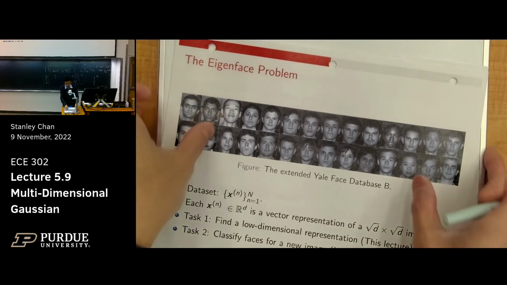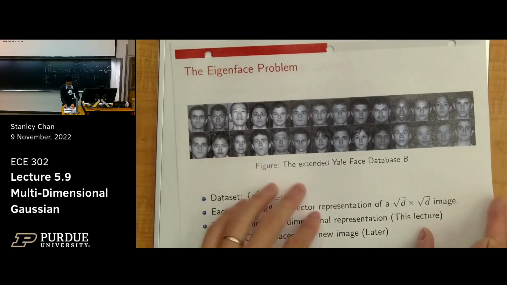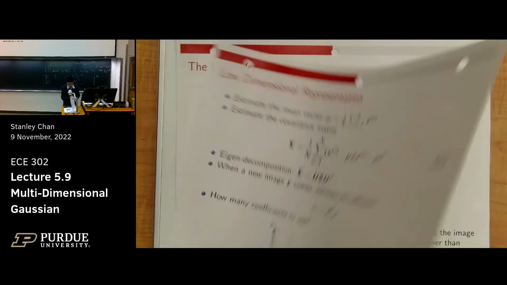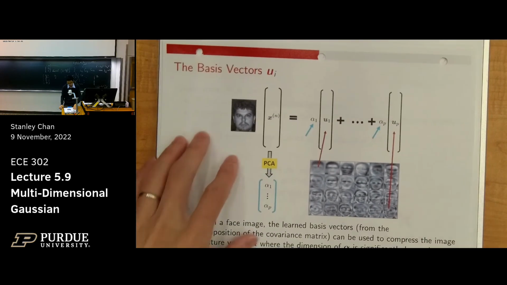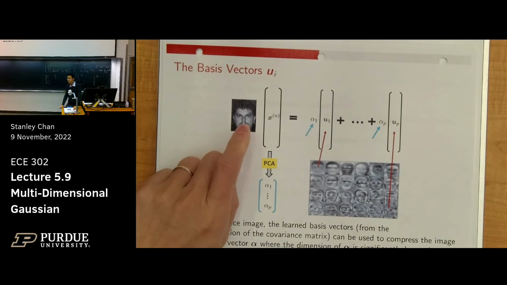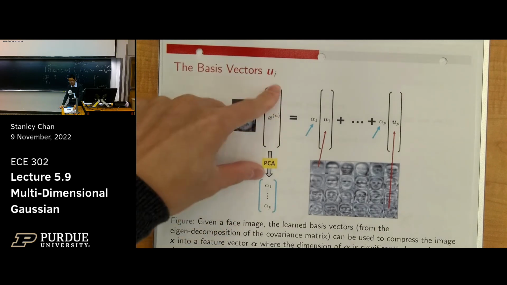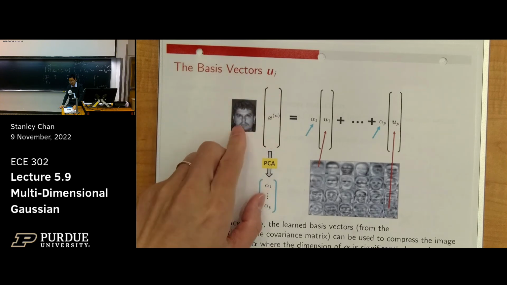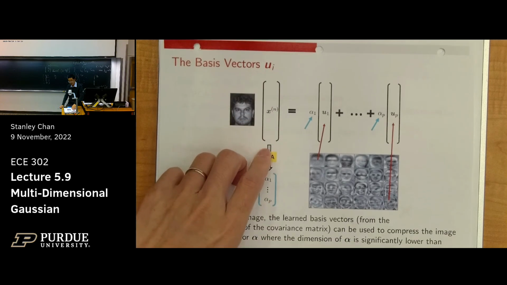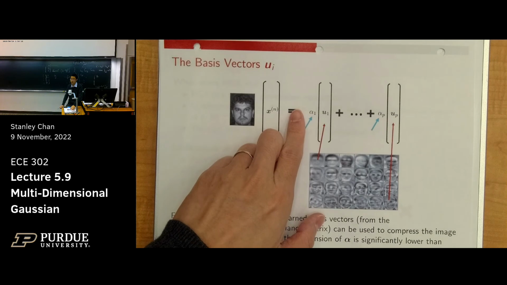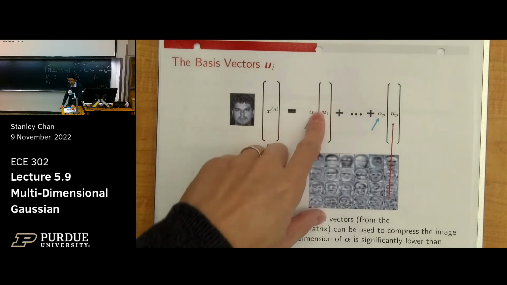Now, if I look at the images, here is a human face, and I can represent it as a column vector. This image can, in fact, be represented as a linear combination of all these column vectors.